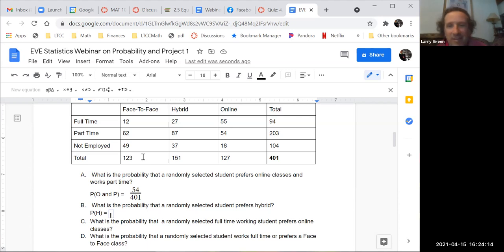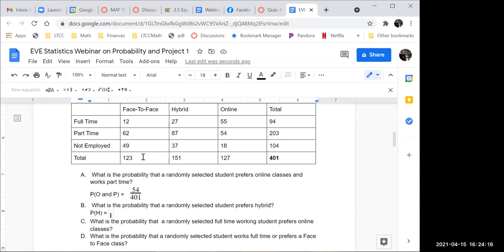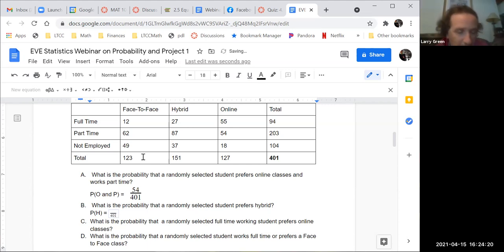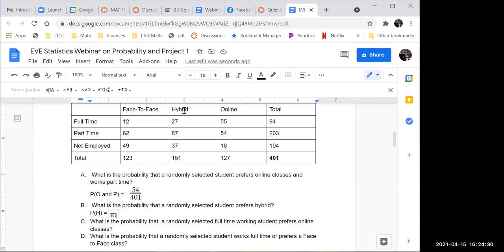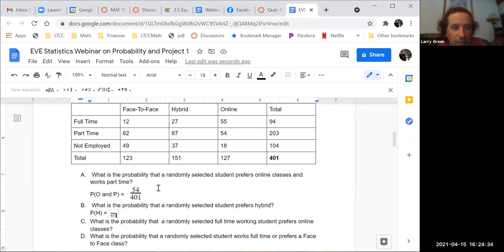That's the easy one in this case, now that we've done the work. 401, because we're not restricting the population at all. What's the numerator? Also easy. 151, because there are 151 students who preferred hybrid.